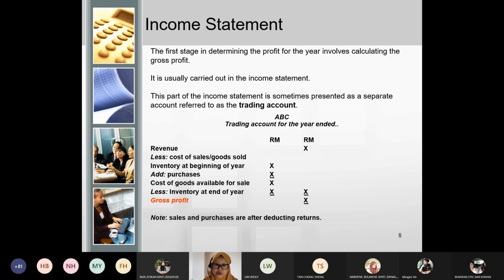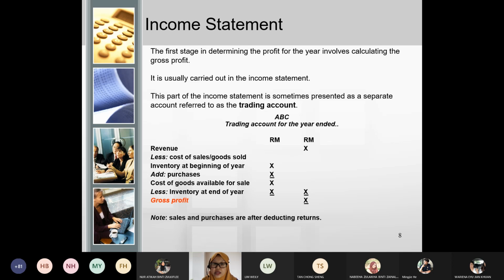Cost of goods sold is the beginning inventory plus purchases, which is what we call cost of goods available for sale. This is the total cost of goods available for sale. And then we minus the closing or ending inventory, and here the X represents the cost of sales or cost of goods sold.